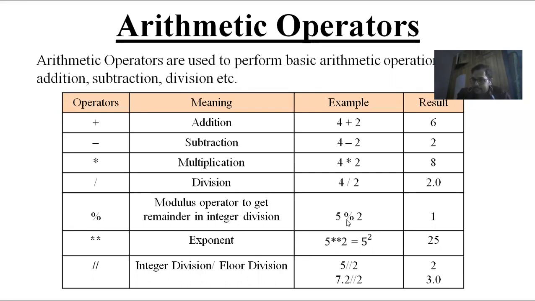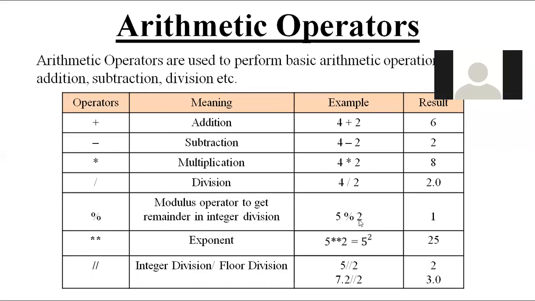This is not a percent sign, this is known as modulus. When we perform this modulus operation, what we will do? You have to divide your number 5 by 2. So 2 ones are 2, 2 twos are 4. What is the remainder when you divide 5 by 2? Give a reply.